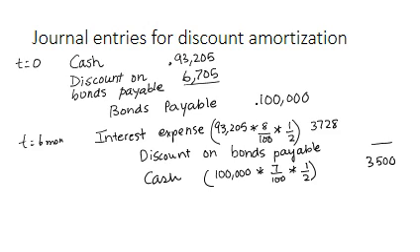So the difference between 3728 and 3,500 is 228. So this discount on bonds payable is a way for the company to amortize this amount such that by having these credits over the years on discount on bonds payable, they can write off this contra account called discount on bonds payable.